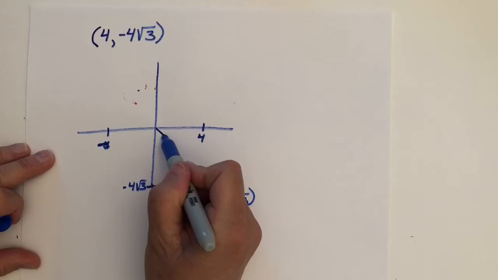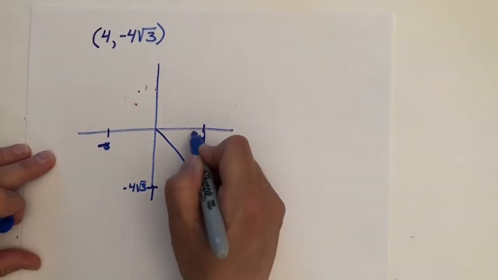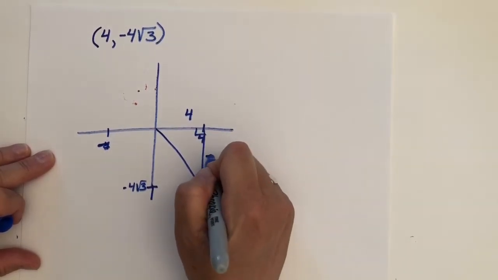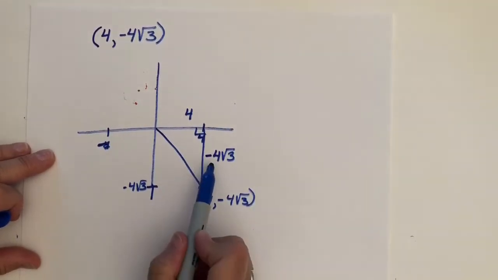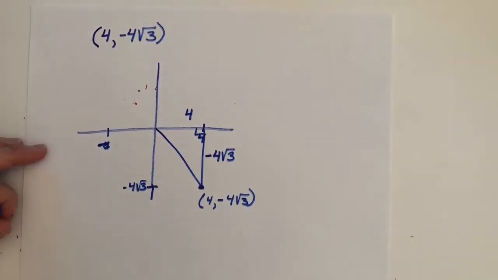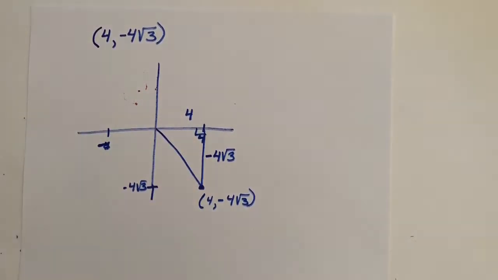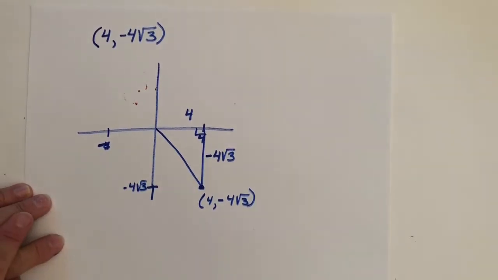And again, we can draw our triangle where this length is 4 and this length is 4√3. And of course, since we're here in the 4th quadrant, I'll label it as -4√3. I hope you recognize the ratio there being part of a 30-60 right triangle.